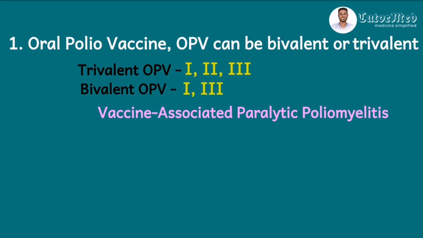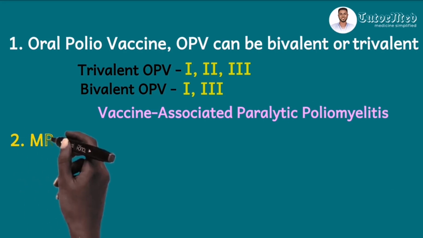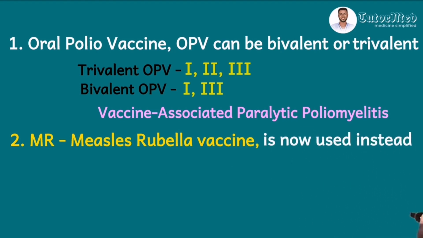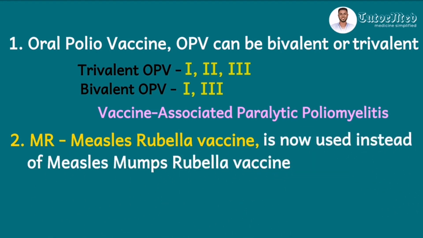The second important point before we zoom into the meat of today's discussion is that the vaccine MR stands for measles rubella vaccine, and is now used instead of the measles mumps rubella vaccine. And so the point is that initially we used the MMR vaccine, but currently we use the MR vaccine, measles rubella vaccine.